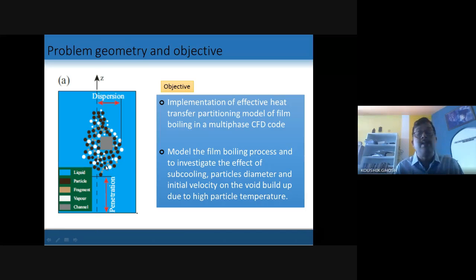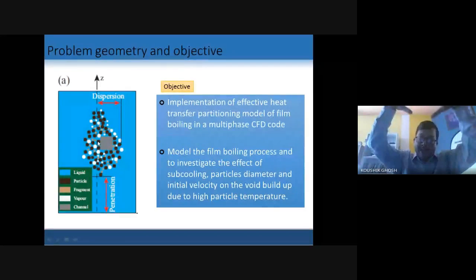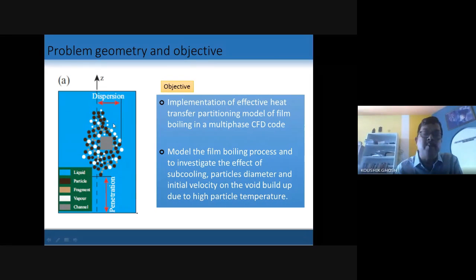Since these are molten particles, they undergo further fragmentation. Due to fragmentation and increase in surface area, the vapor generation will be more intense, and you can see these are the vapor bubbles which are generated under film boiling condition, and these bubbles are moving in the upward direction, particles are moving in the downward direction, and the vapor void builds up.